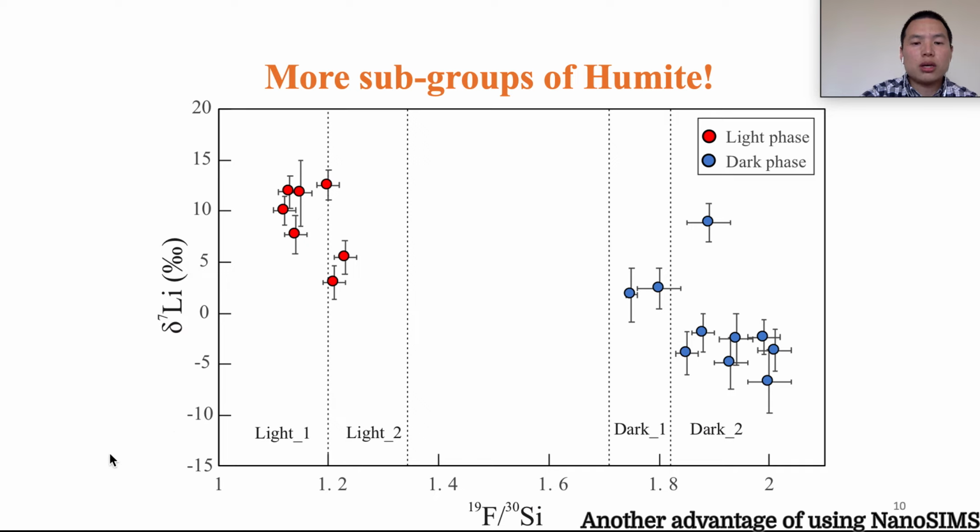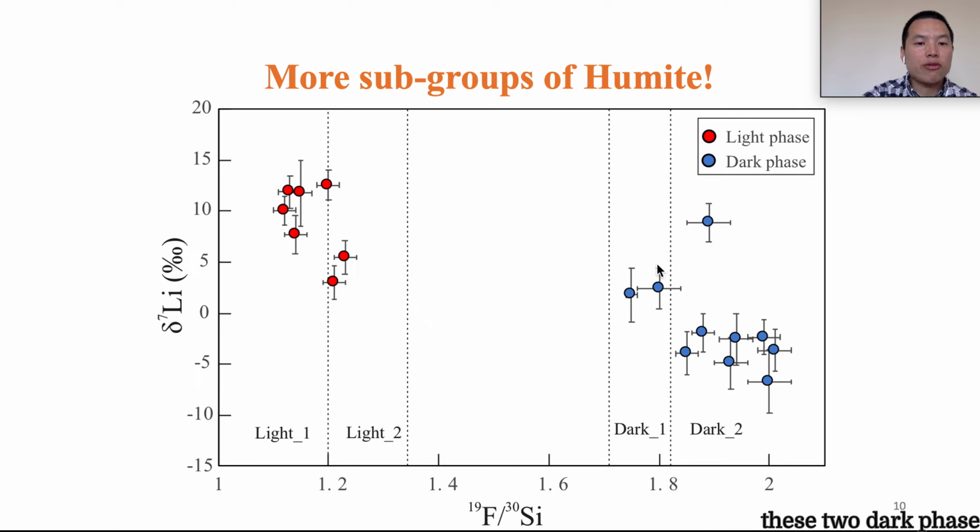Another advantage of using NanoSIMS is we can measure more isotopes during the experiment. After realizing fluorine is important, we also measured fluorine during the NanoSIMS experiment. In this figure, we can see, although there are still two major groups, light phase and dark phase, there may be more subgroups within the light phase and within the dark phase.